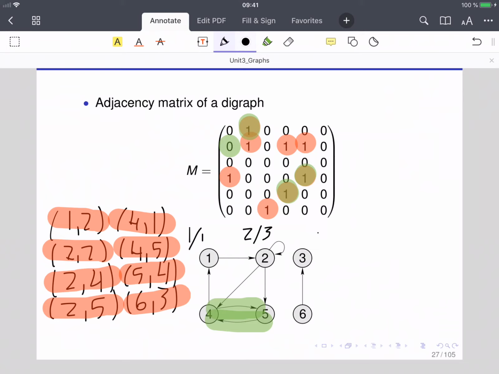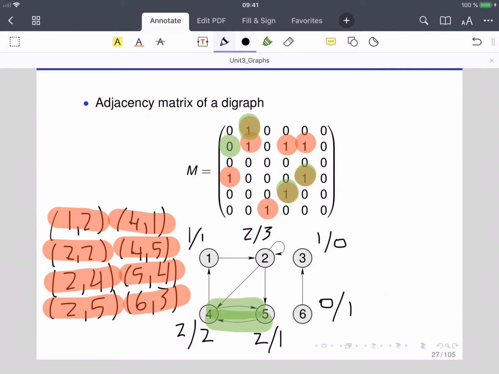3 has in degree 1, out degree 0. 4 has in degree 2 and out degree also 2. And 5 has in degree 2 and out degree 1. And 6 has in degree 0, out degree 1.